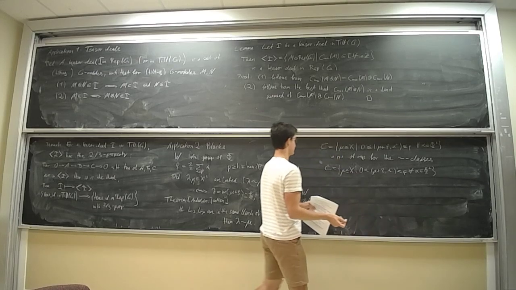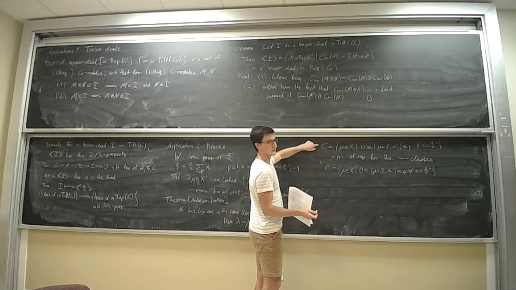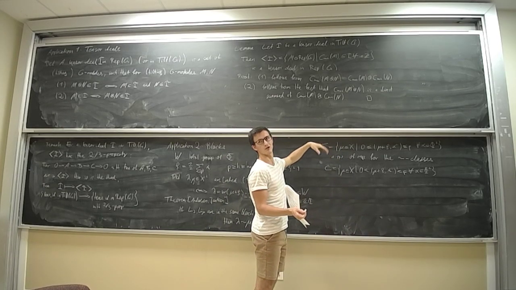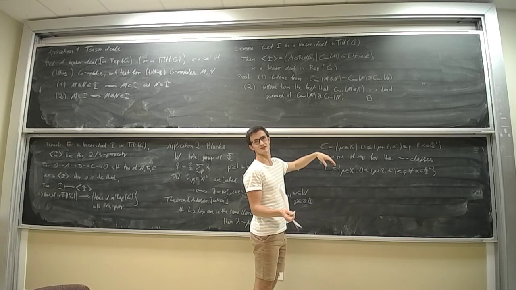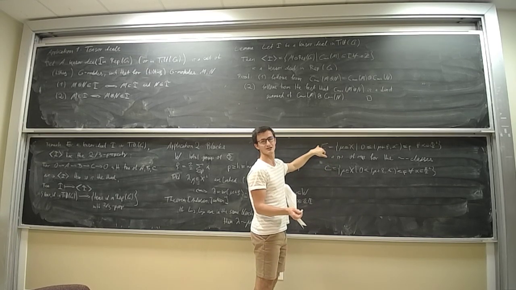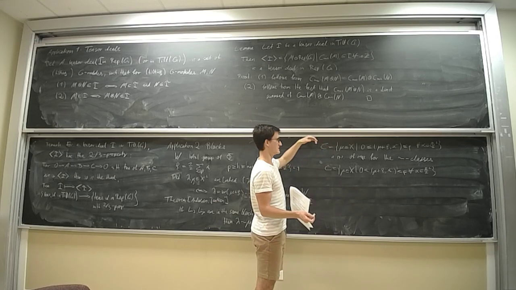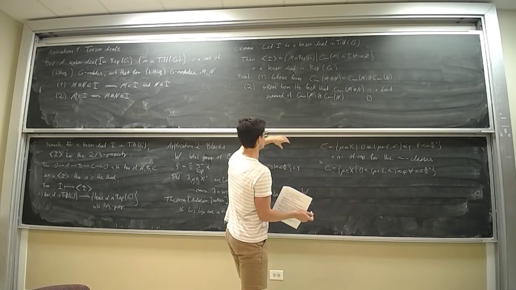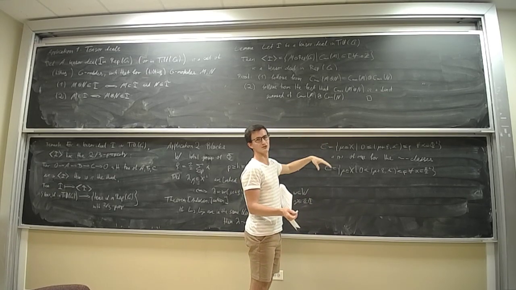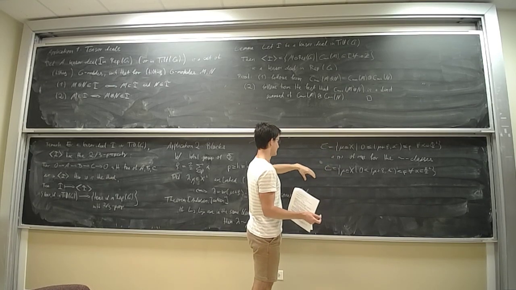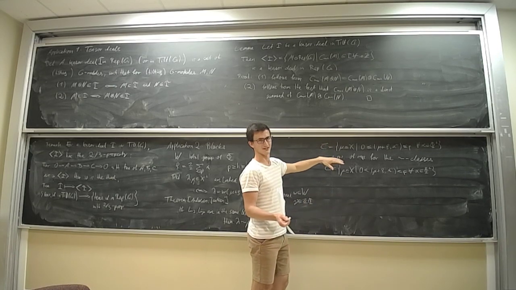And well, as you can maybe guess, the bar on top is sort of supposed to evoke closure, which doesn't really make sense in this setting because these are both discrete sets. But the way you would usually do this is that you would define them as subsets of the Euclidean space and then intersect with the weight lattice, and then it sort of makes sense. But I didn't want to bother with that, so here we go.